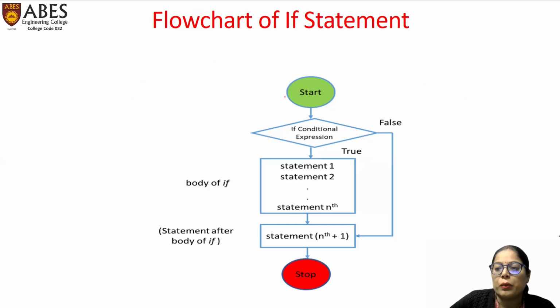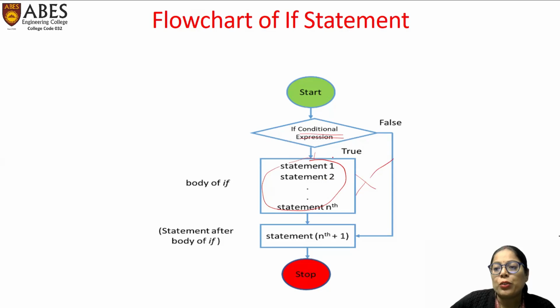Now, we will start our program, and once we have started, after that, we will check whether the given condition is true or false. If the condition is true, then only the statement or body of if is executed. If the condition is false, then you can see that this part has not been executed.